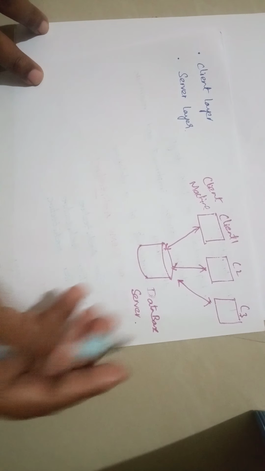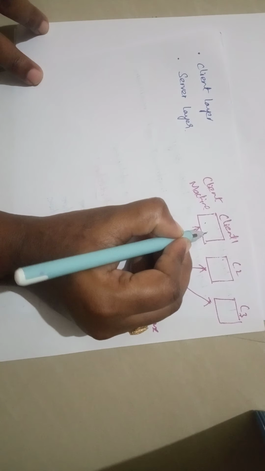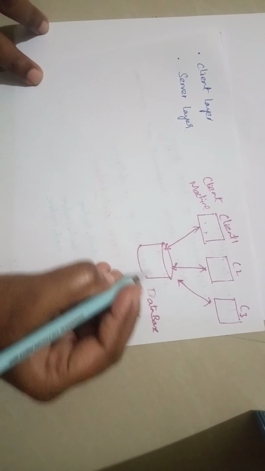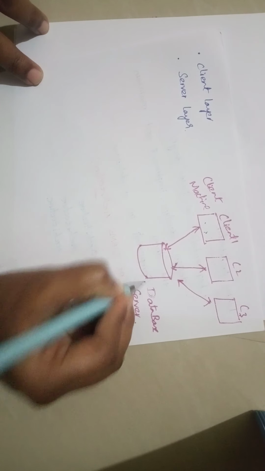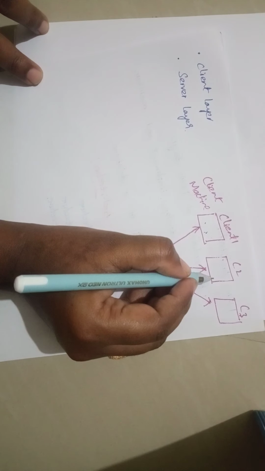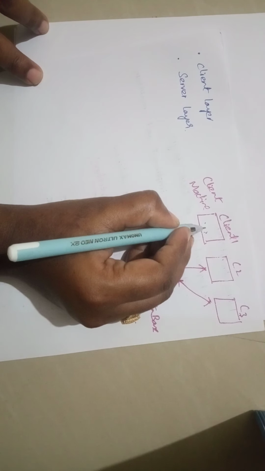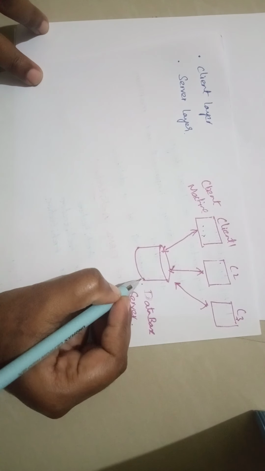In this, the client machine has an interface, and that interface helps us to access the data from the database server. By using that interface, the user or the client accesses the data from the database server.